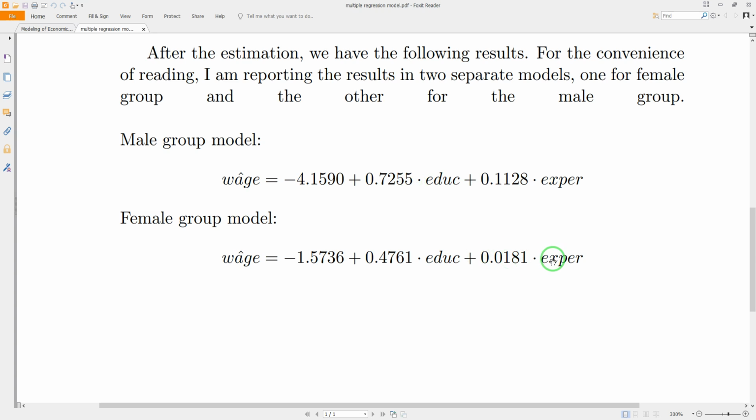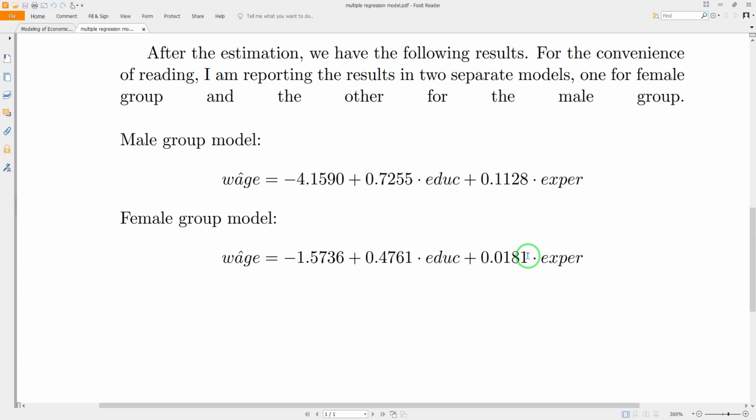Okay. Also, if you look at the experience, with the same amount of education, if 2 females had the same amount of education, a 1 year increase in experience gives her I think almost 2 cents increase in her wage. Okay. You can see that this is very, very important.